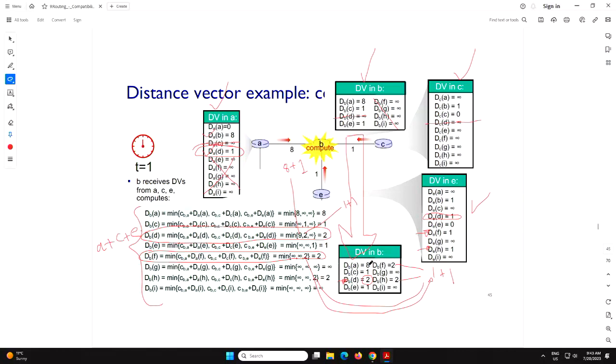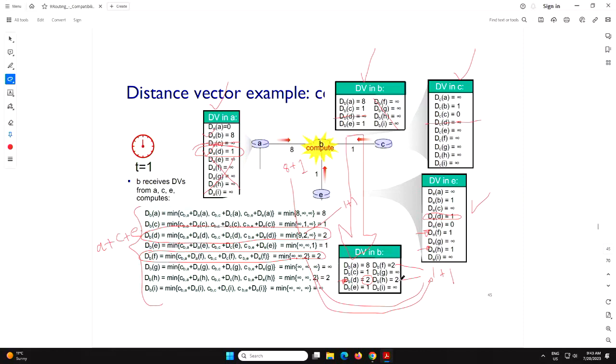Now it has 1, 2, 3, 4, 5, 6 entries. Okay, so this is just exchanging with 3 neighbors. Is that clear how we got that? Okay, so in this slide, that's all we are showing, the update for B's routing table. So if you don't have any questions, it means you can follow this logic.